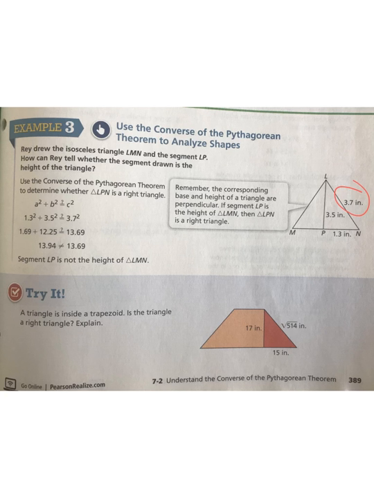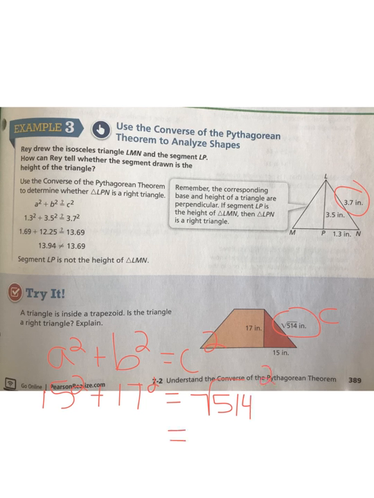Let's look at the try it. If we look at the square root of 514, that's 22, so this is going to be our longest side. We're going to plug all of our values into the Pythagorean theorem. So 15 squared plus 17 squared, does that give us the square root of 514 but squared?